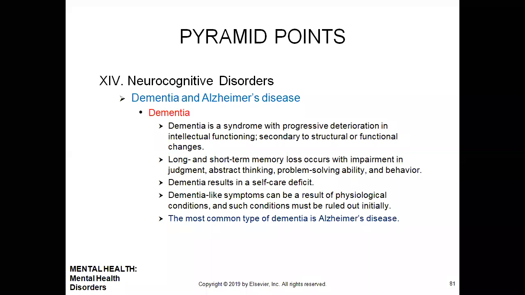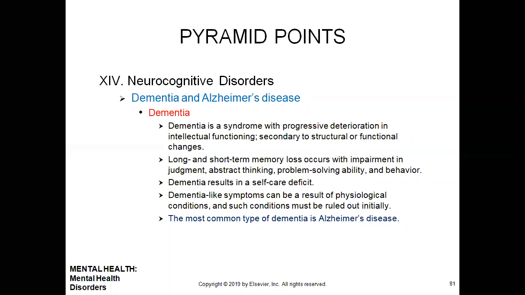Dementia is basically a symptom with progressive deterioration in intellectual functioning secondary to structural or functional change. Long or short-term memory loss occurs with impairment in judgment and abstract thinking.